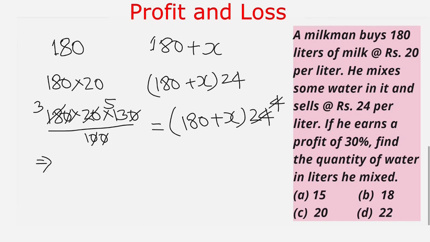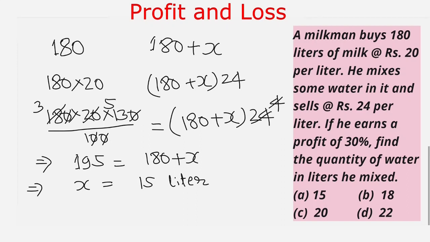So this is equal to 3 multiplied by 5 multiplied by 13, which is 195. Therefore 195 equals 180 plus X. This gives X equal to 195 minus 180, which is 15. So the quantity of water mixed is 15 liters. And from the given options, our answer is option A.